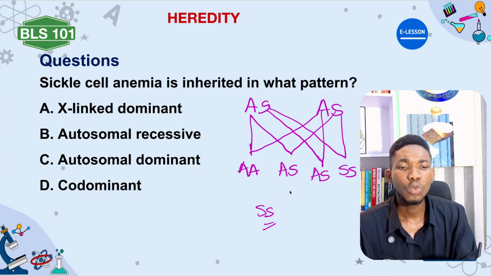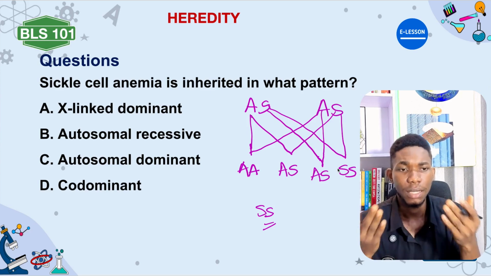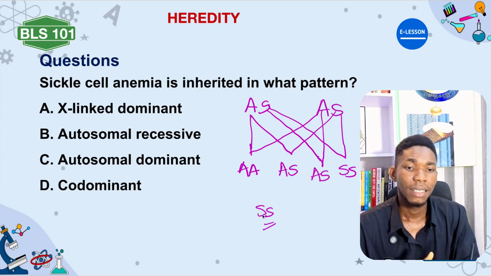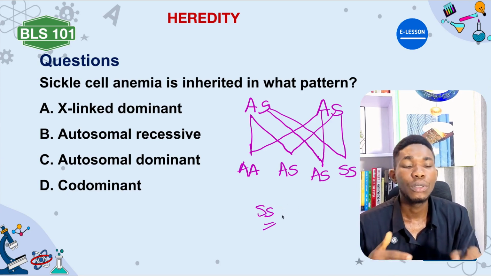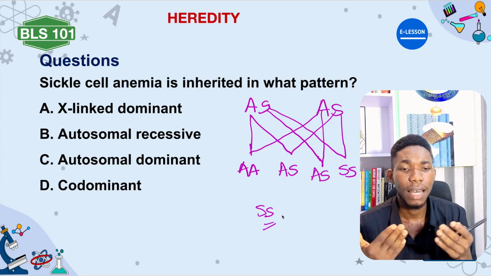It is dominant only when, if one is present, it is expressed. If it must have the two alleles before it is expressed, we say it is what? Recessive. For instance, with sickle cell anemia, you must have the two S, like SS, before you can say this person has sickle cell anemia.